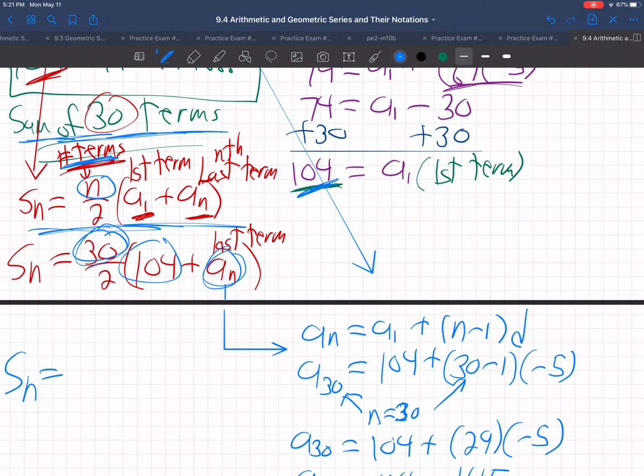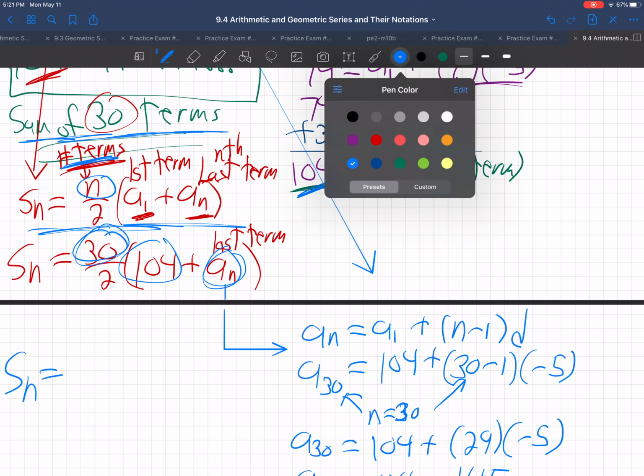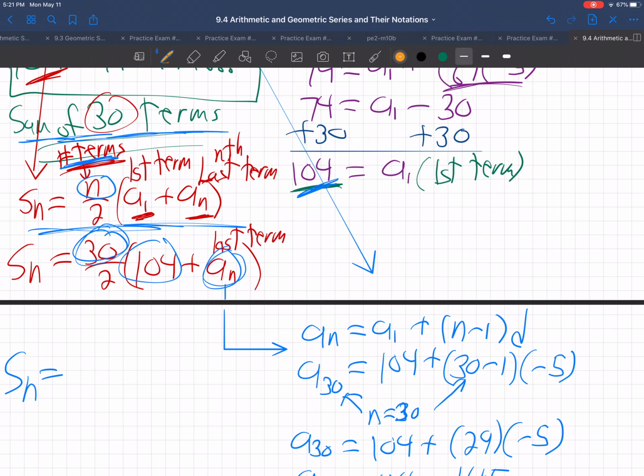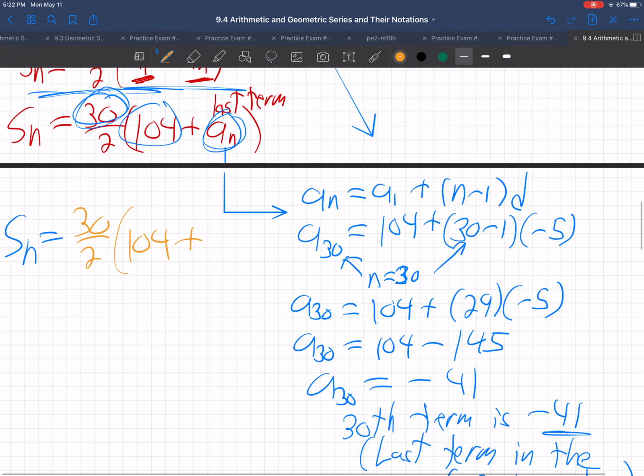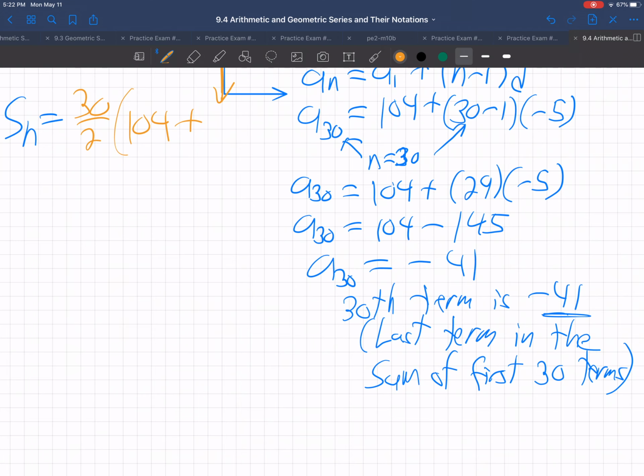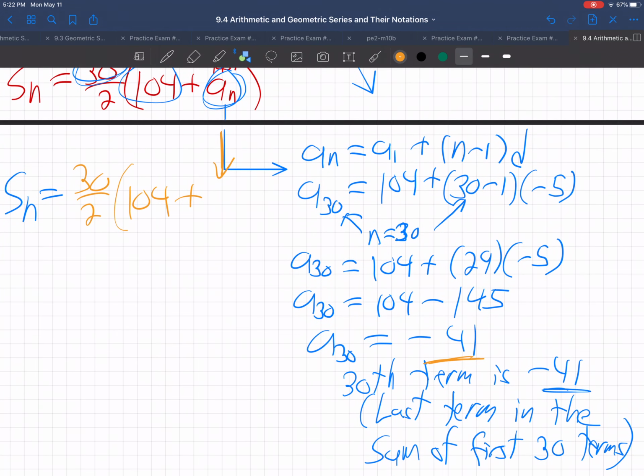So now let's finish it up. Now we have 30 over 2 times 104 plus, and now we know the a sub n, the last term, the 30th term, negative 41. That's what all that work did for us.